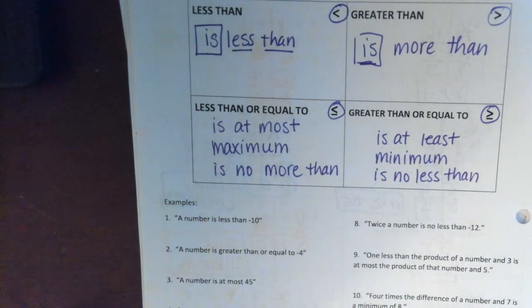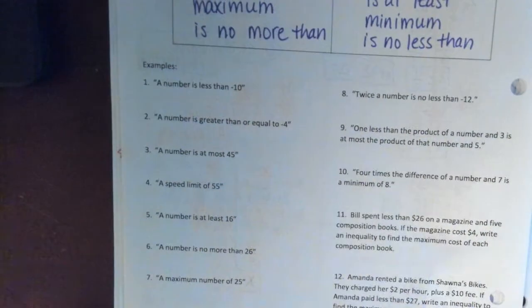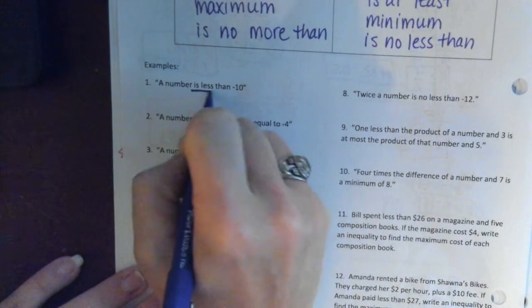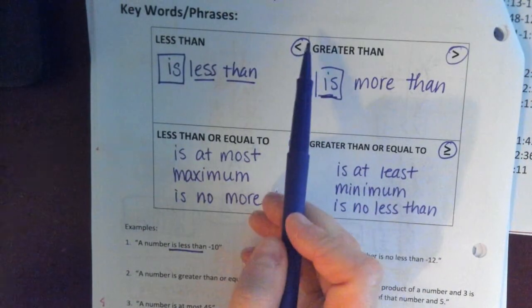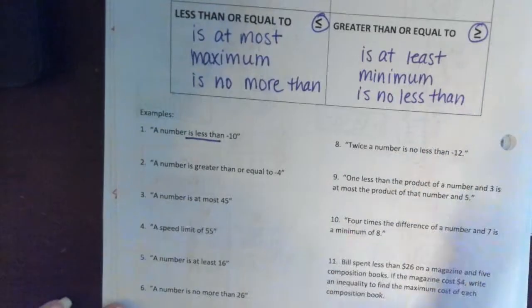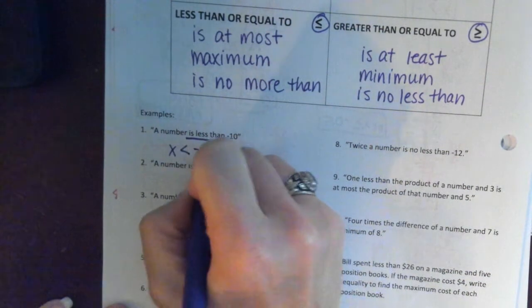All right, that's going to help you with those notes. Now let's look down here for examples. Number one, a number is less than negative 10. If we see "is less than," we know it's a less than problem, so we could say x is less than negative 10.